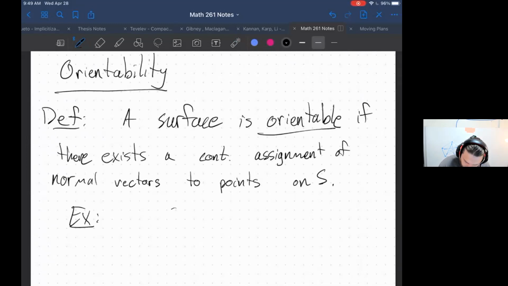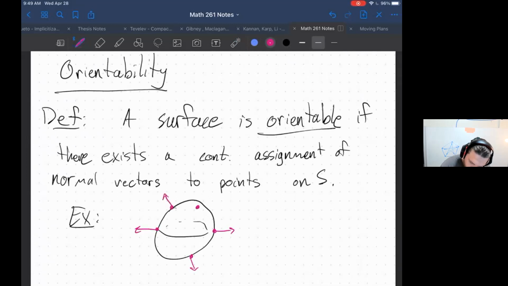So for example, if you take a sphere, then at every single point, you can assign a normal vector. I'm just going to do it on the outer shell here because we're working in 2D. At every single point on a sphere, you can assign a normal vector that is either pointing to the outside or the inside. It doesn't matter which one, but you need to be consistent. So in this example, I pointed everything outside.